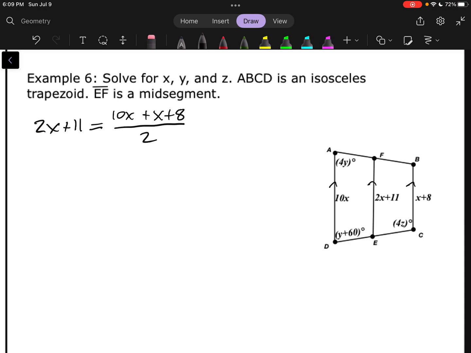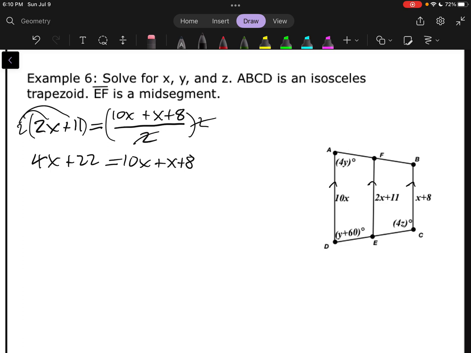Now, to get rid of that 2, I'm just going to go ahead and multiply the other side by 2. That's going to cancel this out. I'm just going to get 4x plus 22 is equal to 10x plus x plus 8. Right? 2 times the midsegment equals the sum of the bases. You could think about it that way also.